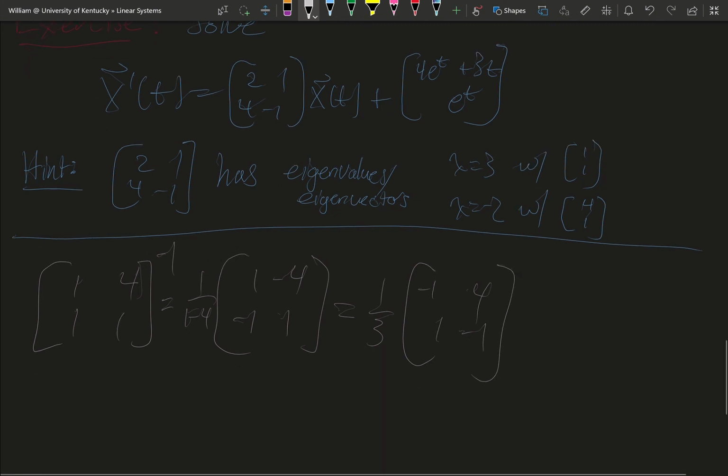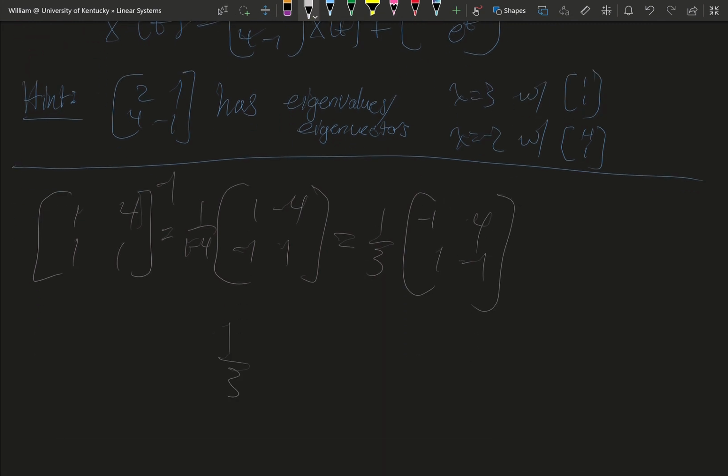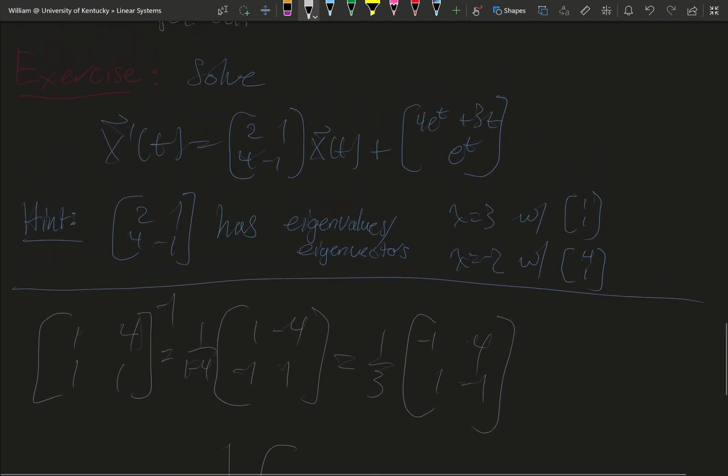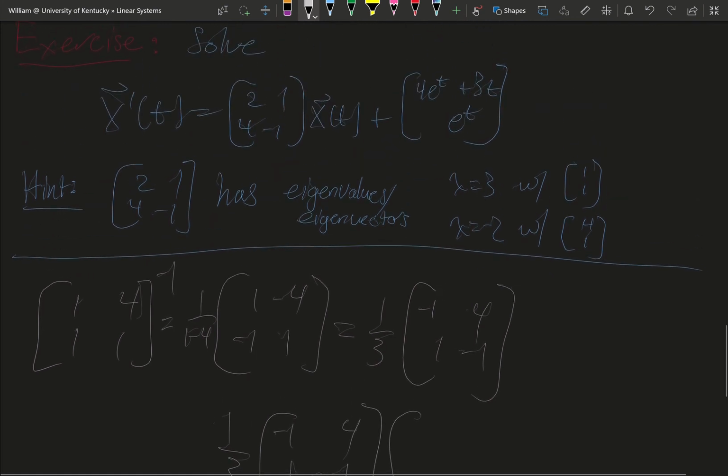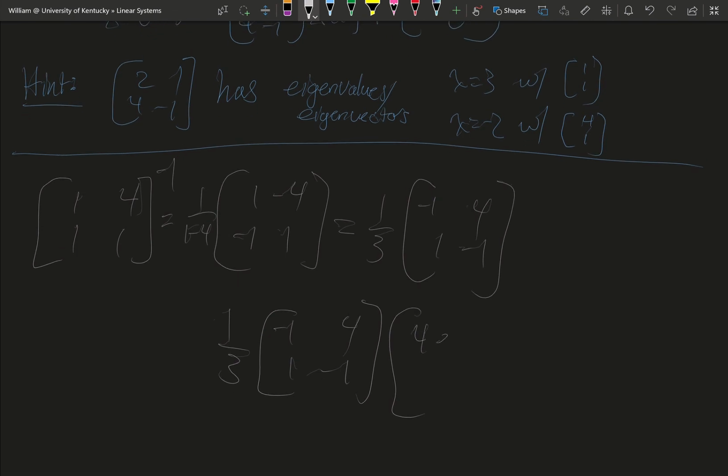So we multiply this by our non-homogeneous part, e to the t plus 3t and e to the t, giving us negative t and e to the t plus t.